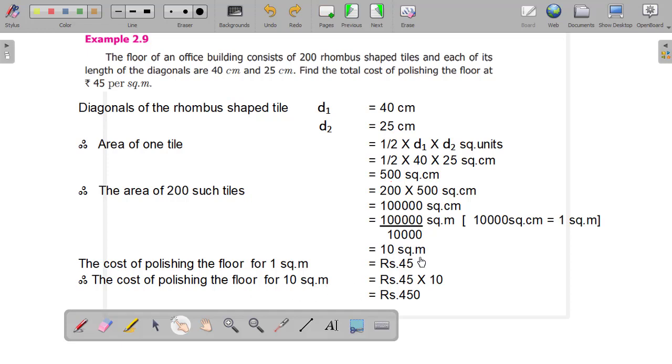Here our actual area of the floor is 10 square meter. So, we have to multiply this value by 10. So, rupees 45 into 10 will give rupees 450. So, this is the final answer that we want. The total cost of polishing the floor at rupees 45 per square meter is equal to rupees 450.